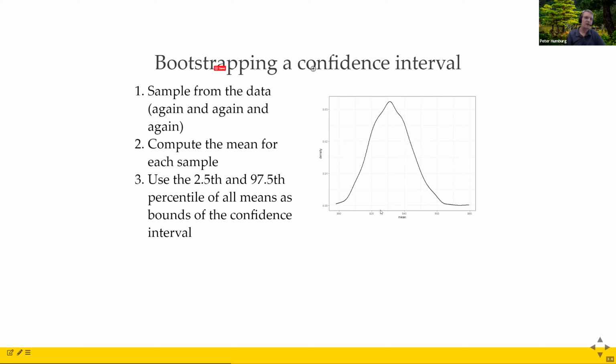And now one way to get a confidence interval for this is to simply go and look at the corresponding percentiles of this distribution here. So if we find the 2.5 and 97.5 percentile, then that will give us a 95% confidence interval for the mean.